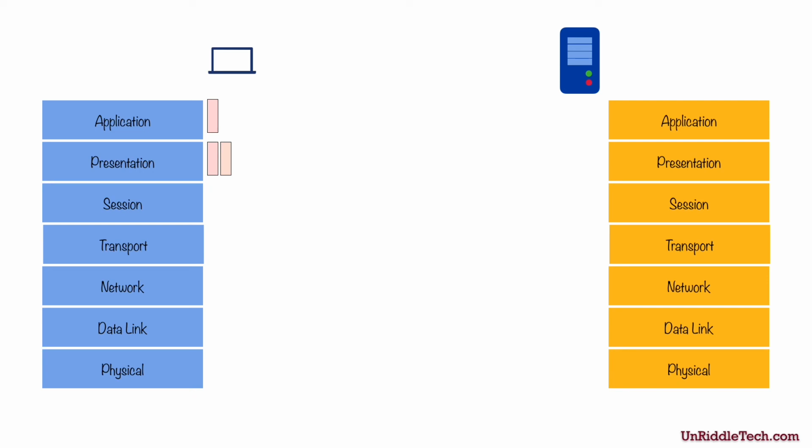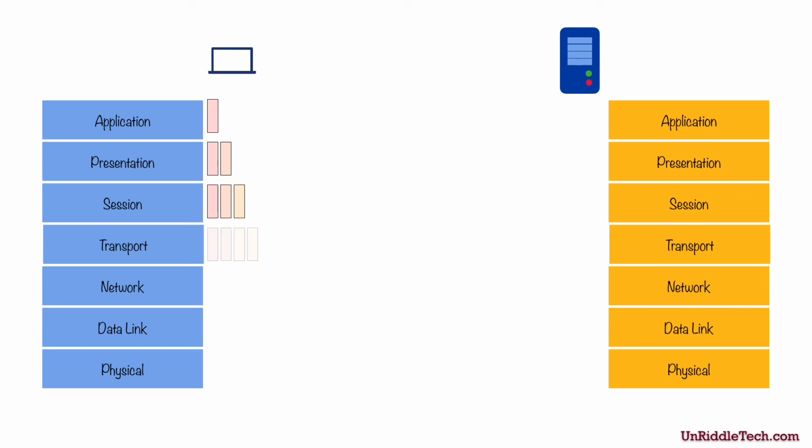The data format may be HTML as we are discussing web traffic. Information about authentication and session management may be added in the session layer. Transport protocol information, TCP in this example, will be added in this layer. Source port and destination port may also be added in the transport layer.